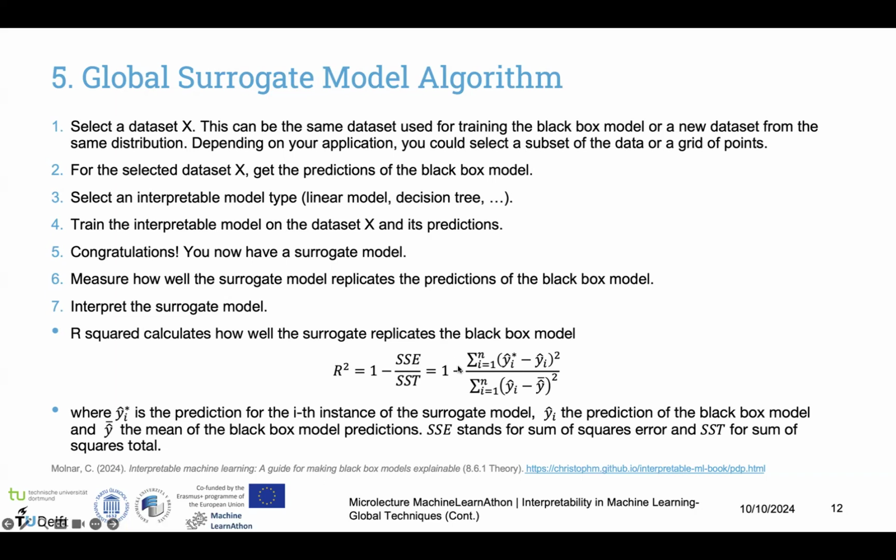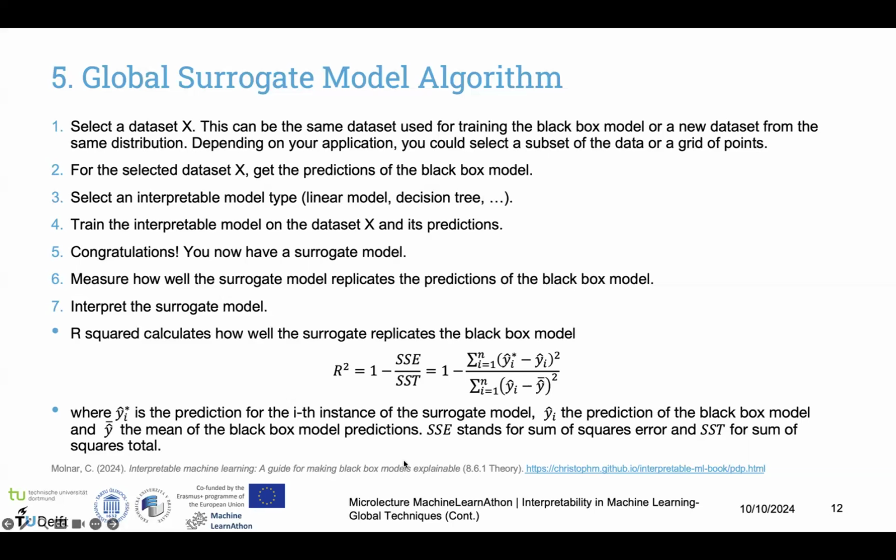And it's calculated as follows: 1 minus the sum over all the instances that we have in X. And here we have y hat star i, which is the prediction that we got from the surrogate model for instance i. And y hat i is the prediction of the black box model, and y hat bar is the mean of the black box model predictions.